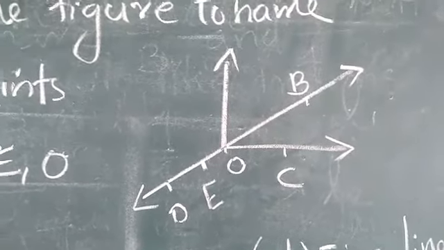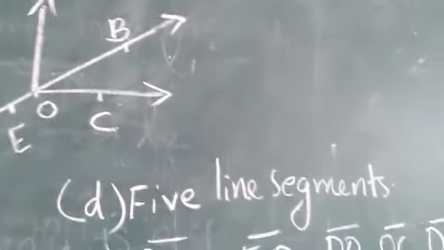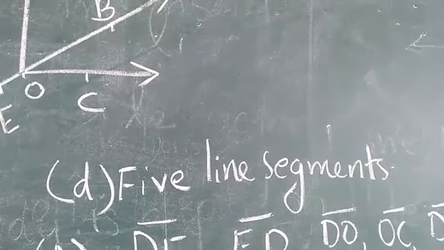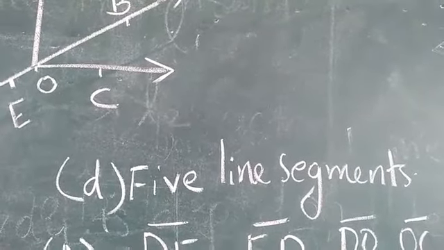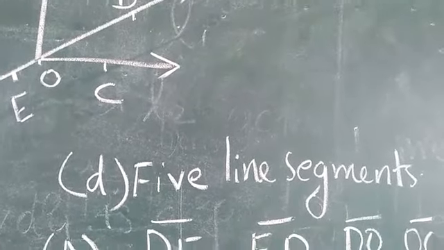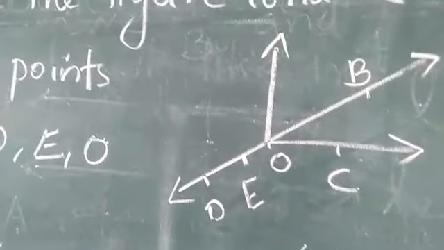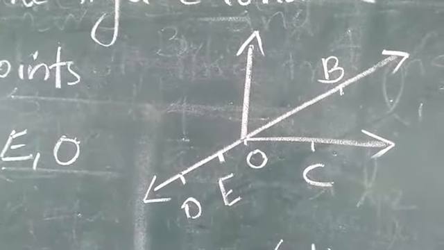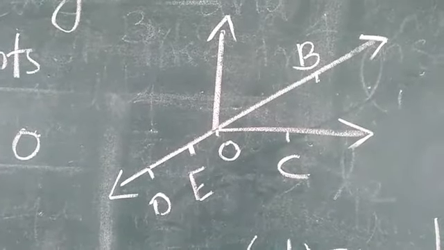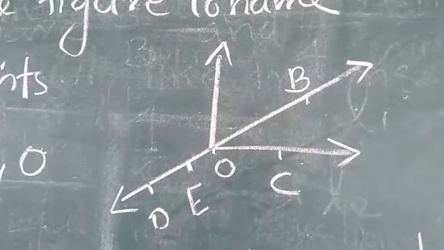We have to write 5 line segments. What do you mean by line segments? A line segment has 2 endpoints. So here we can choose DE, ED, DO or OD, OC or CO you can write.